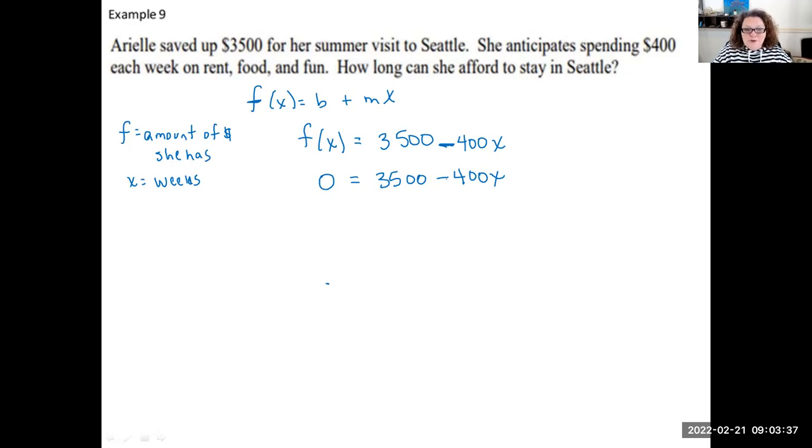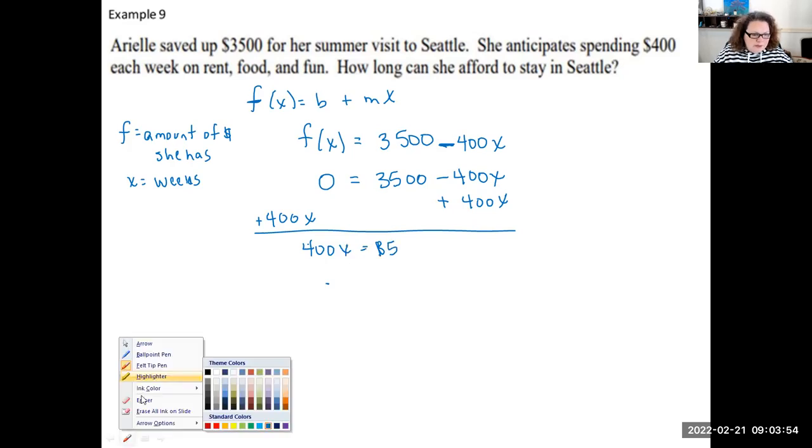First thing I'm going to do is add 400x to both sides. And I get 400x is equal to 3,500. Oof, that's nasty. Been doing so good this whole time.